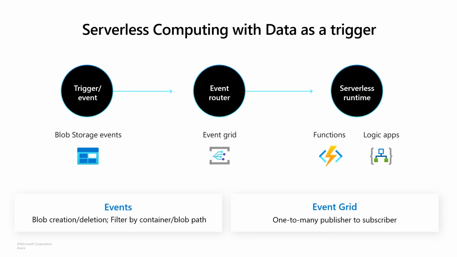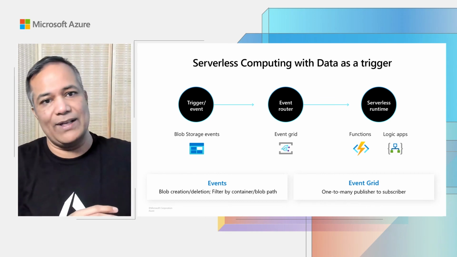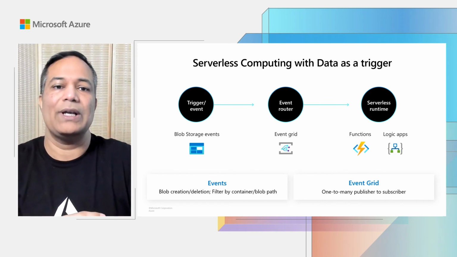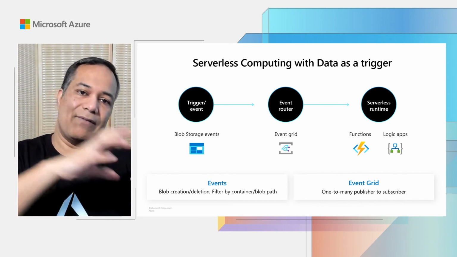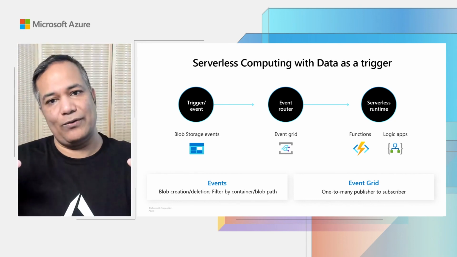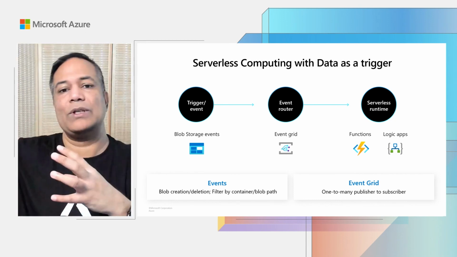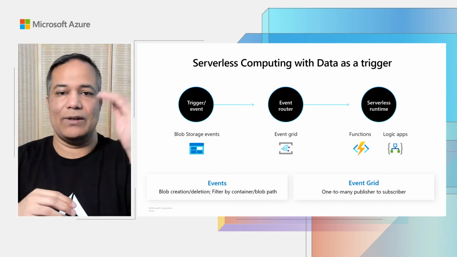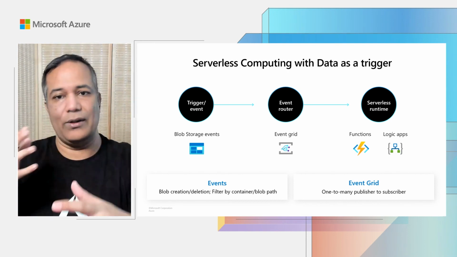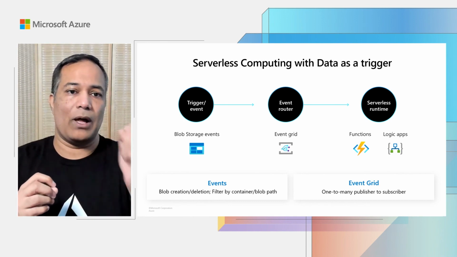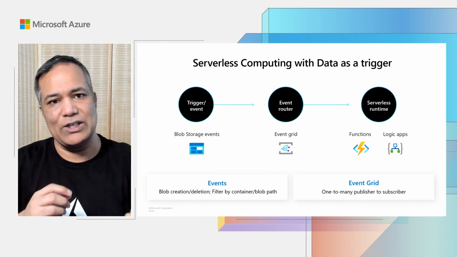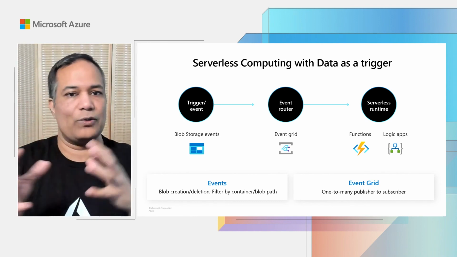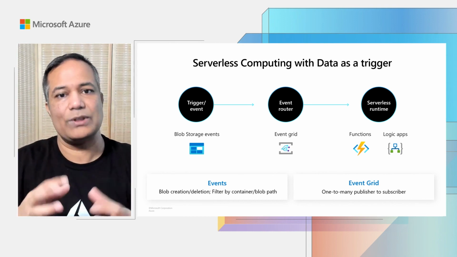In Azure, that typically happens by having data land on blob storage and having Event Grid pick up those change notifications and route them in a pub/sub pattern, one to many, to either Functions, Logic Apps, or other services. Blob storage supports creation and deletion events, and you can filter to a subset of your storage account.